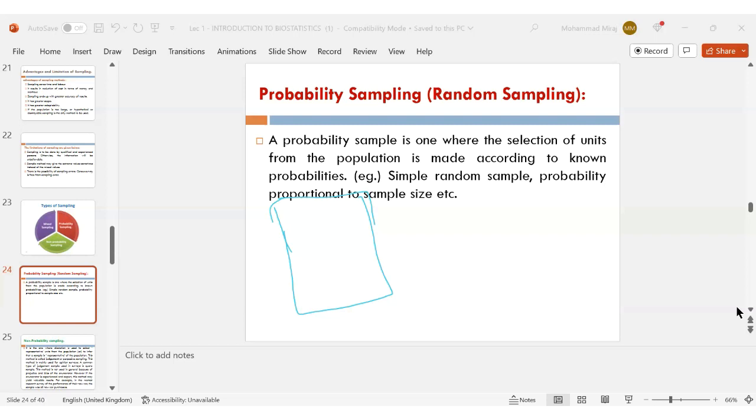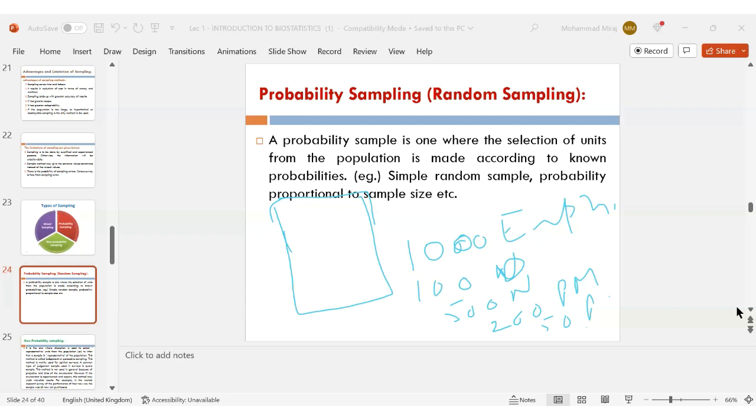Say I went to a hospital. The hospital has 1,000 employees, and those employees include 100 doctors, 500 nurses, 200 paramedics, and 50 physios.